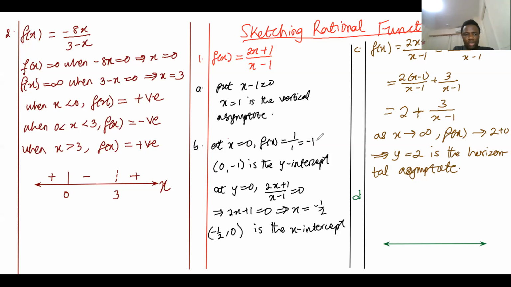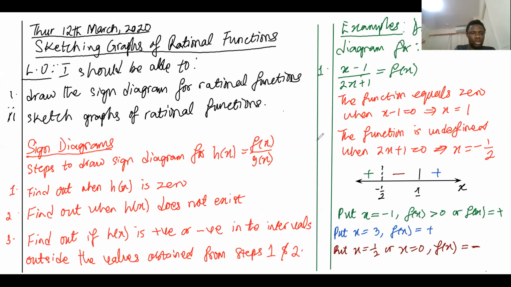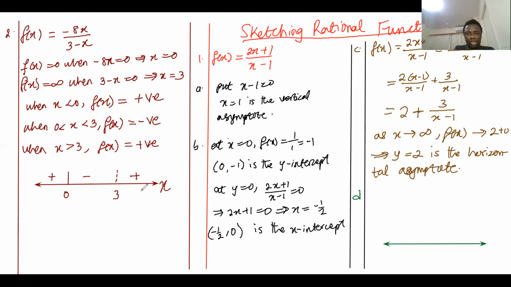How do we get this function diagram from here? You put from step 1, find out what happens when h of x is 0, then find out when it does not exist. H of x is equal to 0 means when y is equal to 0, my bad. So when y is equal to 0 is when this function is equal to 0, okay? And that means x is equal to half. So basically, you need this.